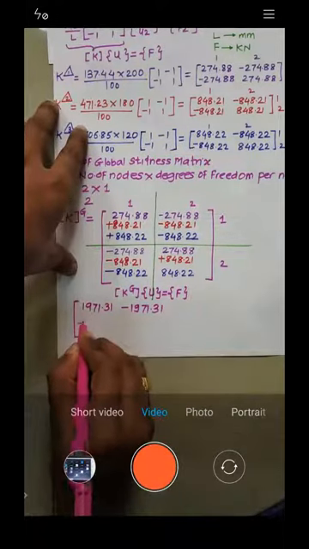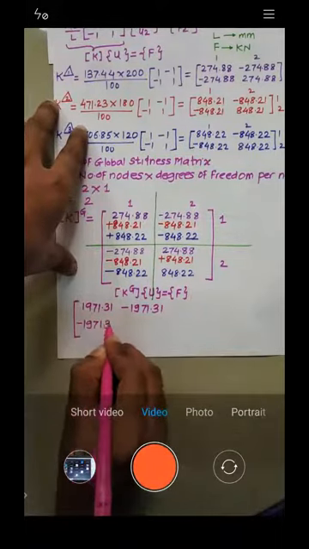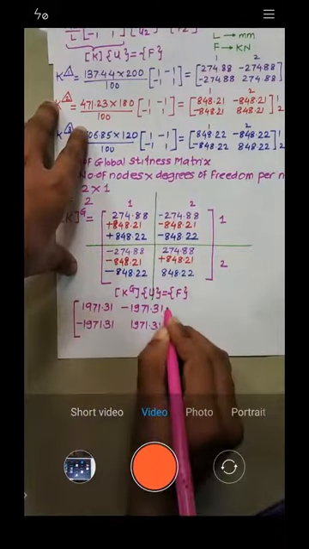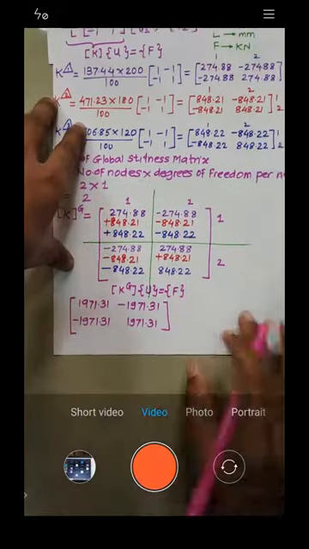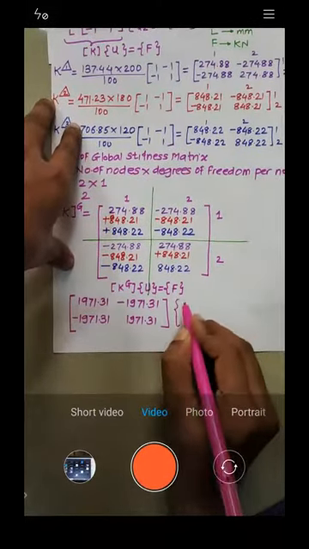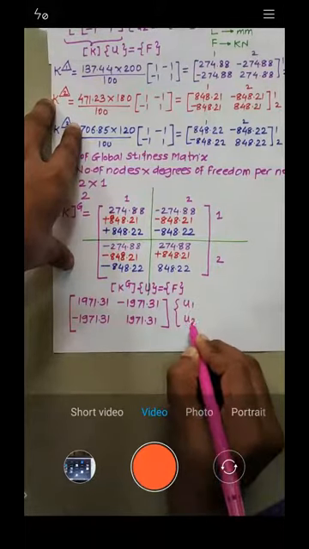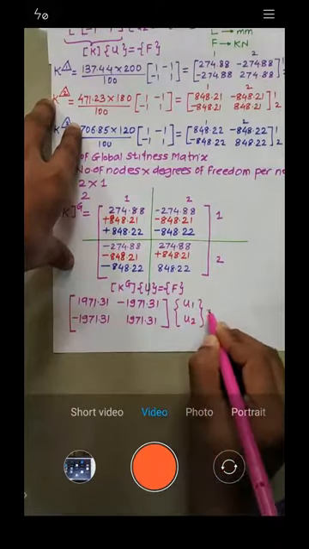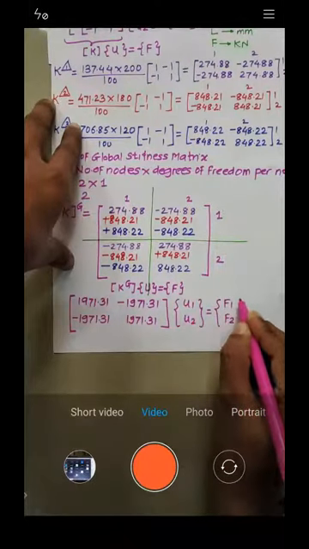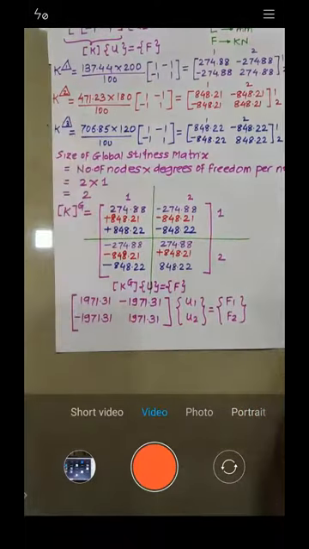Then this is minus 1971.31, and this is 1971.31. Okay, so this is our global stiffness matrices, right? This is to be multiplied by displacement. So obviously there are two nodes, you will have two displacements, is given by the forces, that is F1 and F2, right?